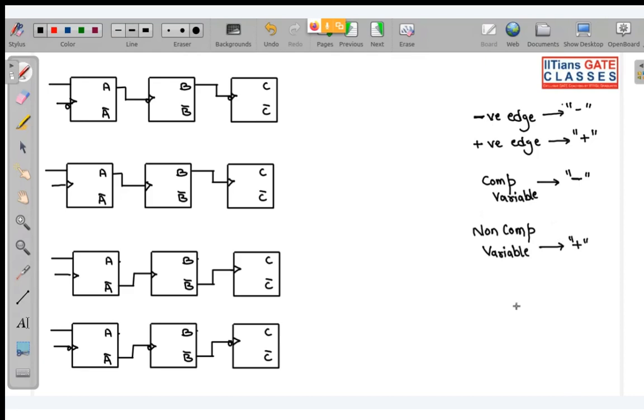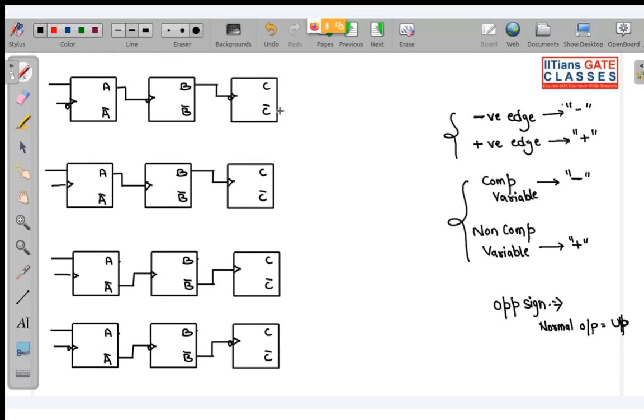Now, whenever we have opposite sign of edge as well as variable, opposite sign, at that time your normal output will act as your up counter. If normal output acts as your up counter, then your complemented output will act as your down counter.